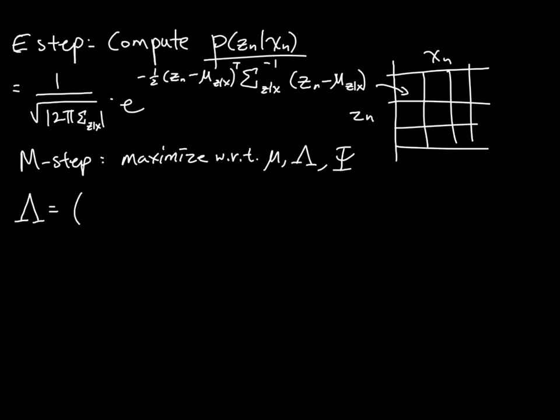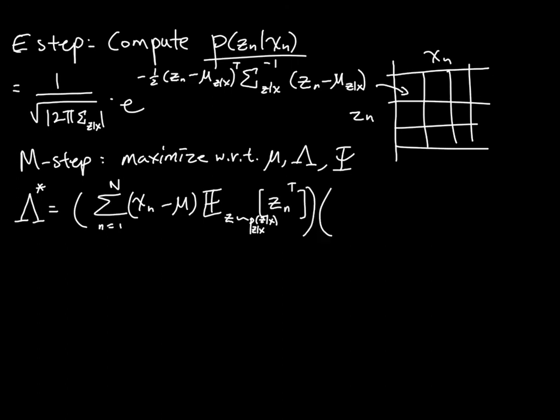It looks like this. This is equal to the optimal value, the star means optimal value, of lambda: the sum from n equal to 1 to N of (xn minus mu) times the expected value of z given x, of zn transpose.